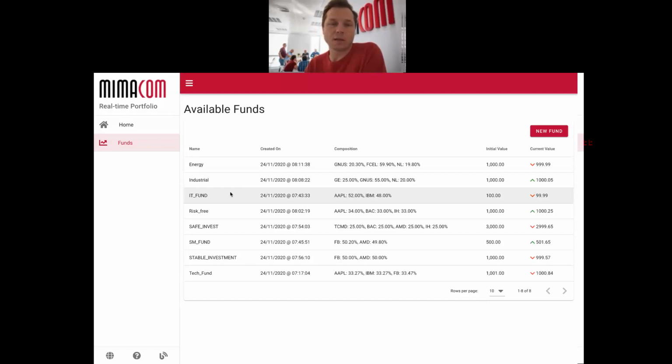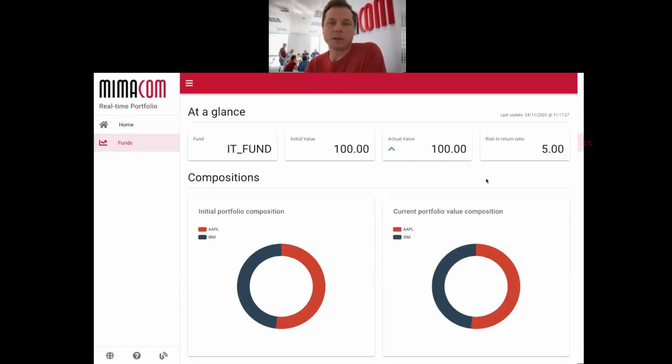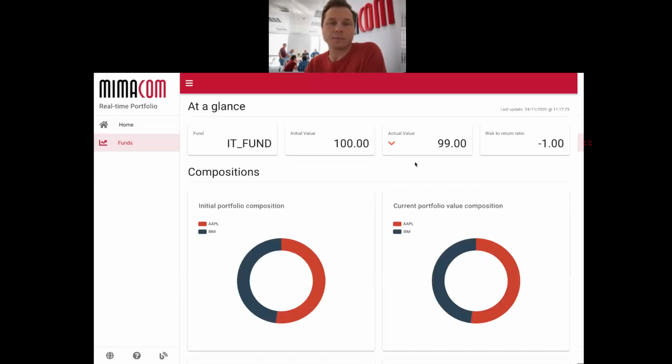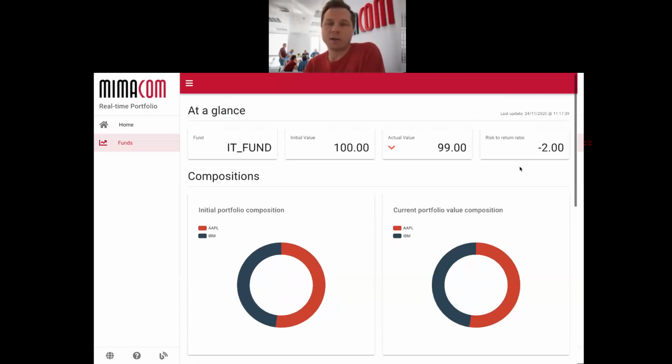Let's see what happens with the single fund. Apart from what's already been seen, the actual value and initial value, we calculate a few additional things. Just as a reminder, you will see some things related to risk or to standard deviation.